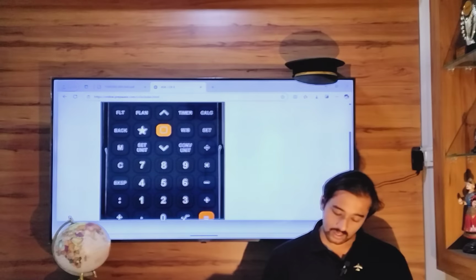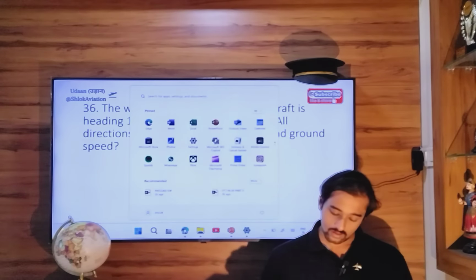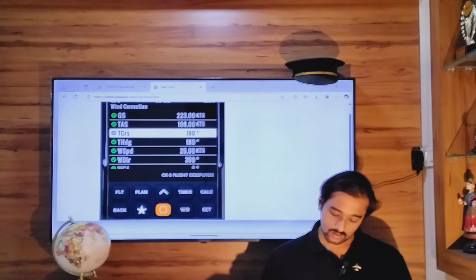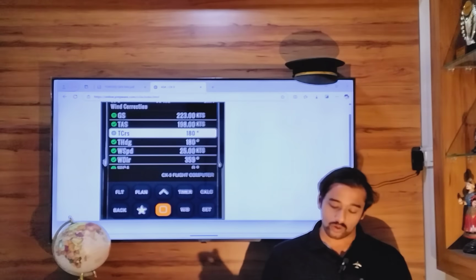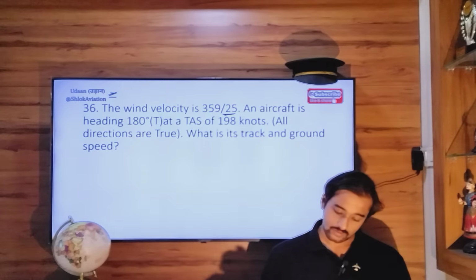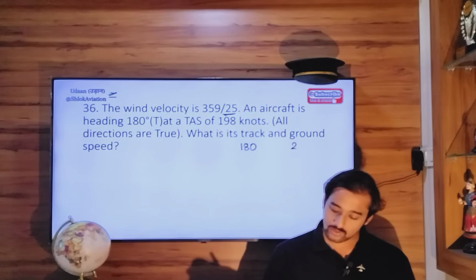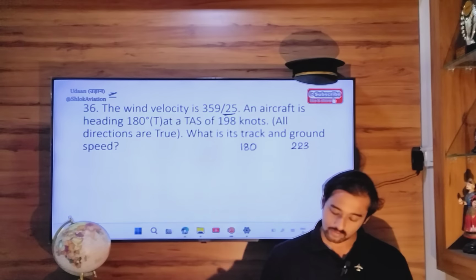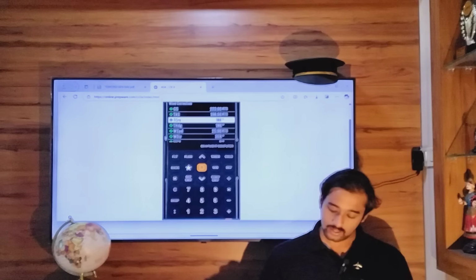So the ground speed is 223 and the course is 180. Simple. Next.